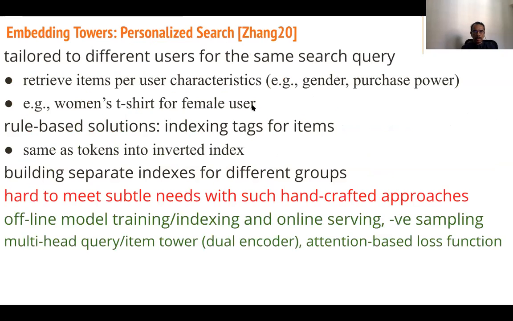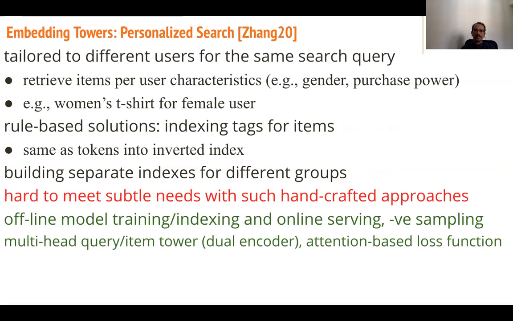That's the claim. Now, the other aspect of the same model is personalized search: tailor to different users for the same search query, retrieving items per user characteristics like gender and purchase power, for example a woman's t-shirt for a female user. Rule-based solutions use indexing tags for items, the same as tokens in the inverted index.